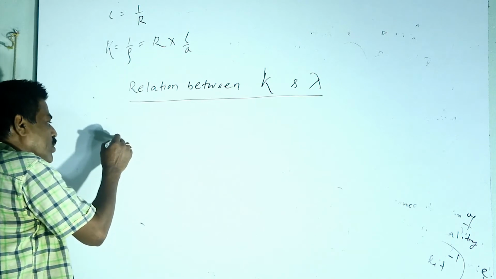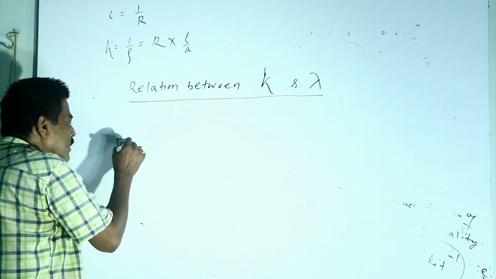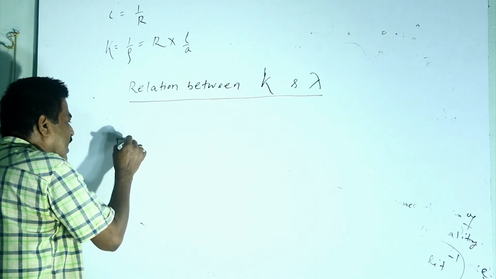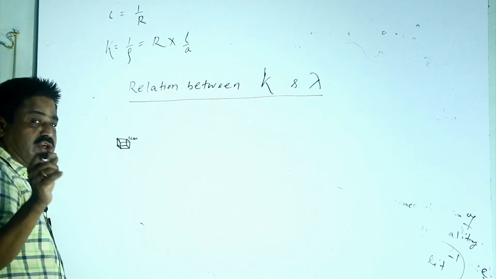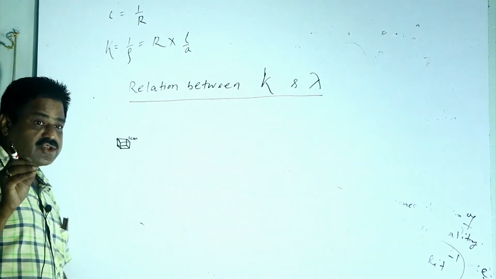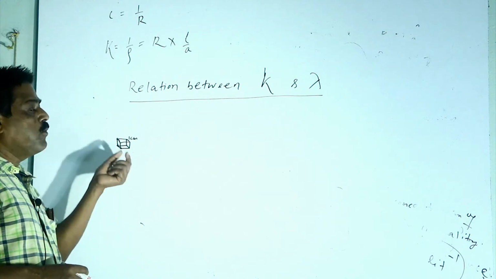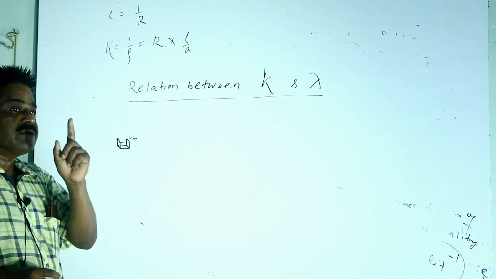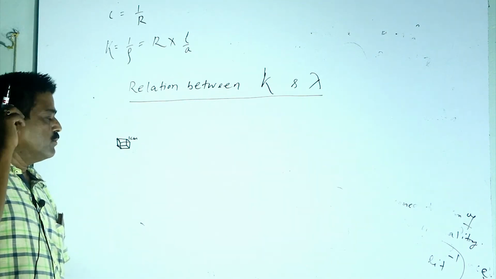Let us now consider here a 1 cubic centimeter vessel, whose length, breadth and height are 1 cm each. Let us imagine a cubic vessel of 1 centimeter length, breadth, height, which is called a unit cube.